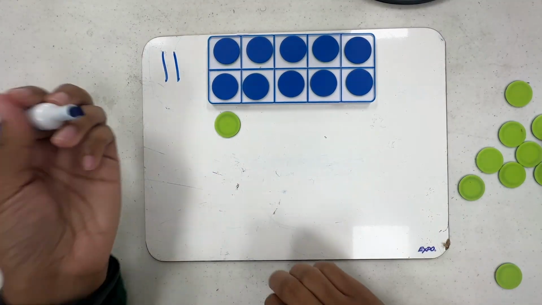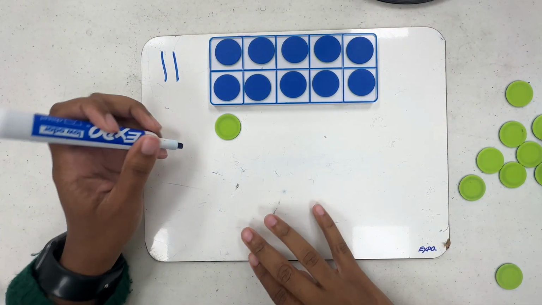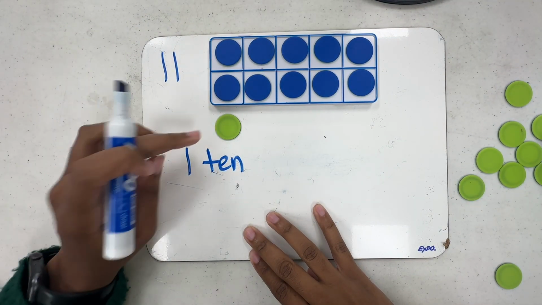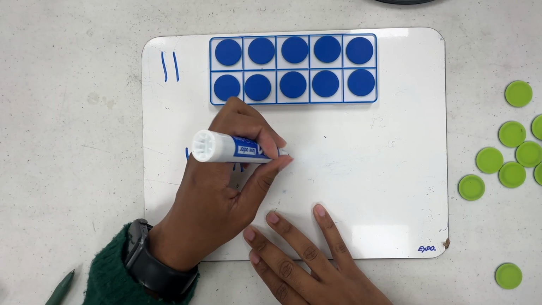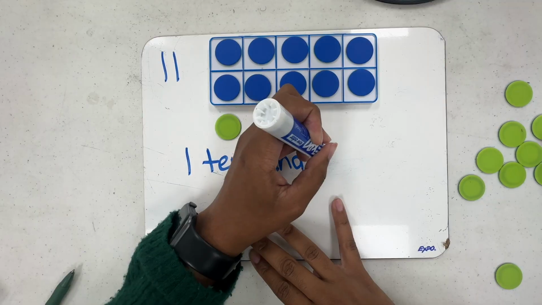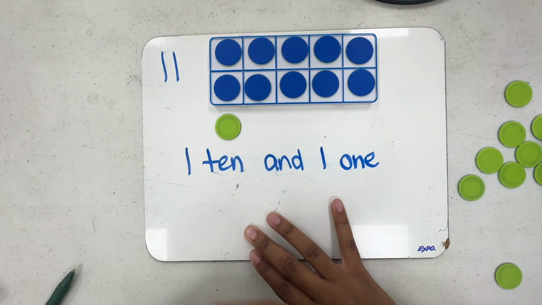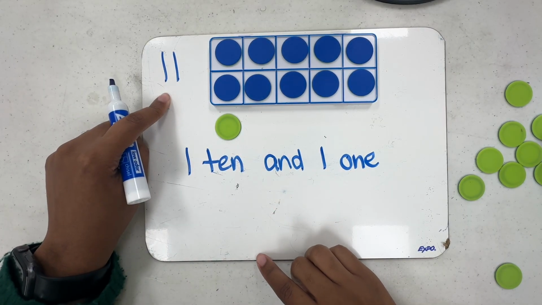Of these 11 counters, I have one group of 10 in this 10 frame. And then I have one. So one group of 1. That makes the number 11.